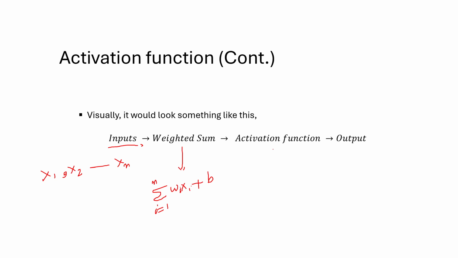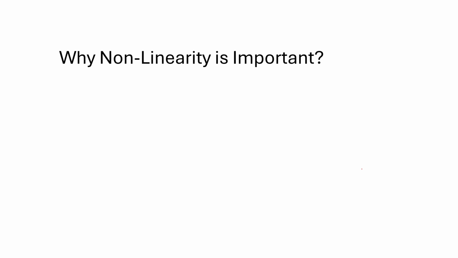And next, to this calculated weighted summation, the activation function f will be applied, and then the output will be generated. So now the output will not be only 0 and 1, but some value in between them, or above 1 or below 0, depending on the type of activation function that you have used. So this was the concept of activation function.